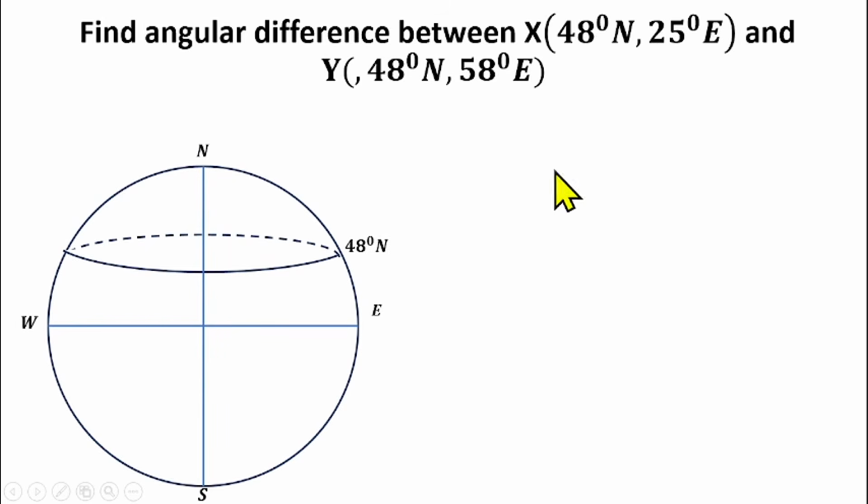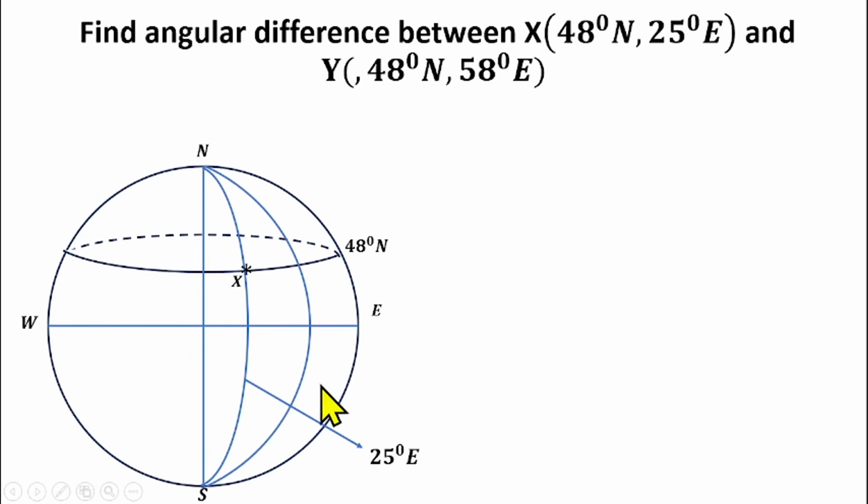So from 0, I'm going to get to 25 before I get to 58 degrees. So the first longitude I'm going to draw is 25 degrees east, and I will label that. Then the point where this longitude meets the latitude will be point X. So I will label it point X. Then I will draw the longitude of 58 degrees east for Y. I'll draw another line here, labeled 58 degrees east.